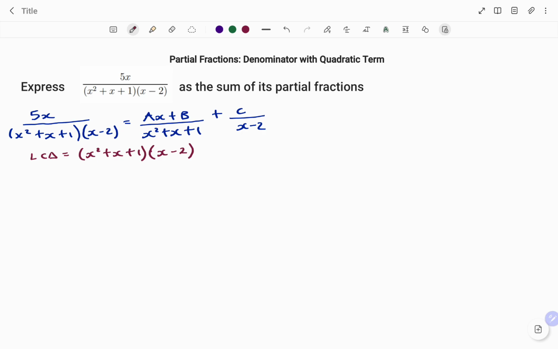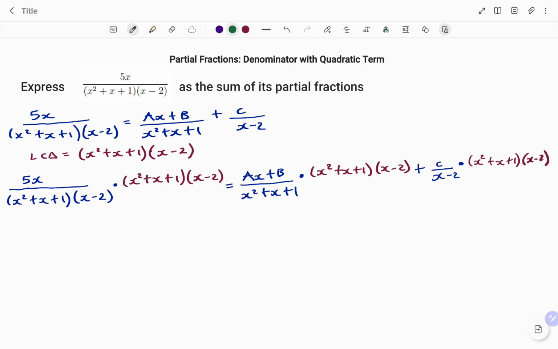Therefore, I'm going to multiply each term on both sides by the LCD. So on my left hand side, I have 5x over x squared plus x plus 1 multiplying x minus 2 multiplying the LCD, and on my right hand side, each term is being multiplied by the LCD.